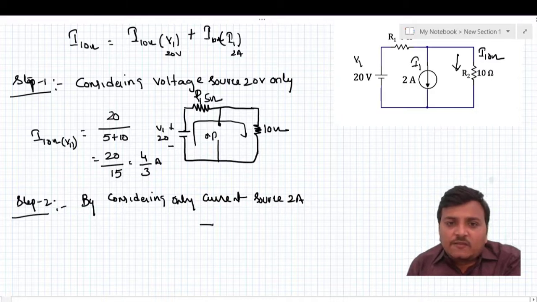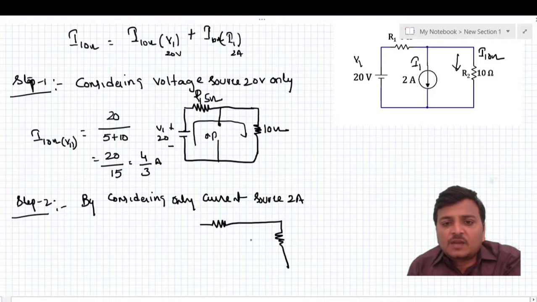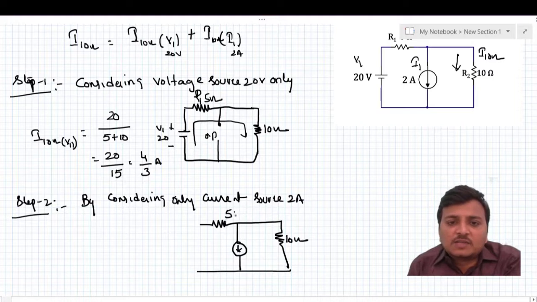Just see here a 5 ohm resistor and a 10 ohm resistor and my current source. Now what about the voltage source? Because the internal resistance of the voltage source is 0, I have to short circuit it. This is the short circuit.